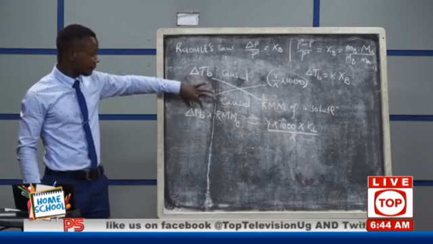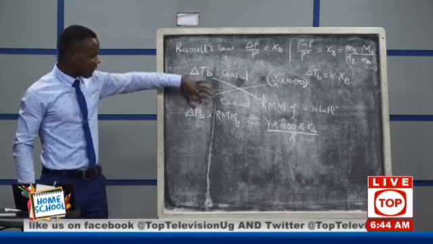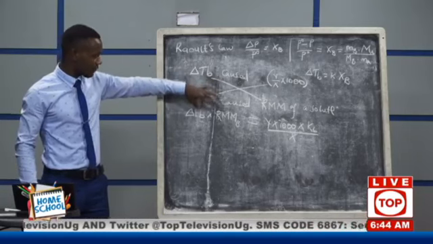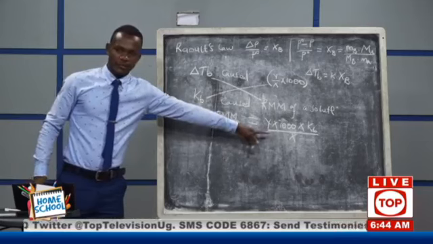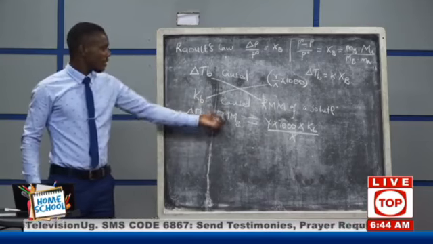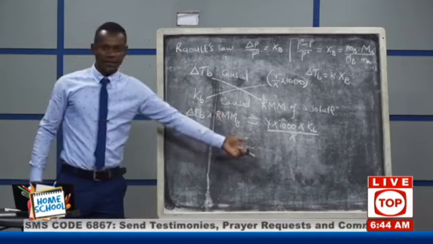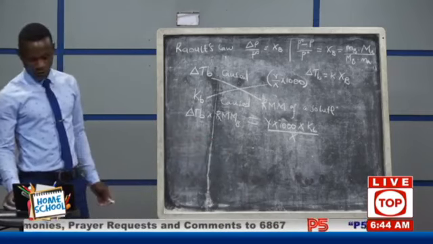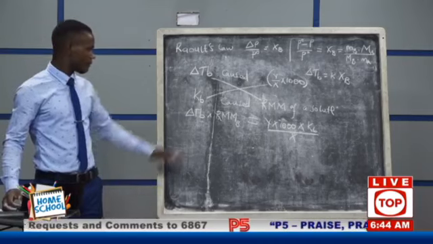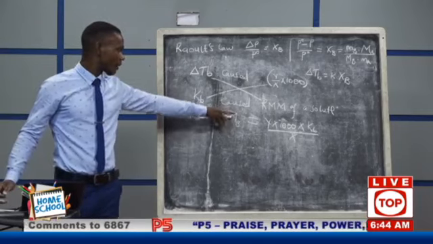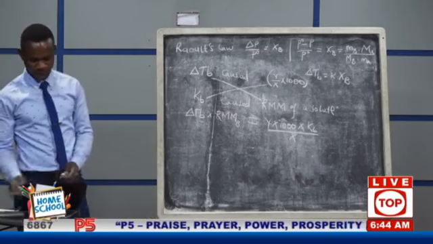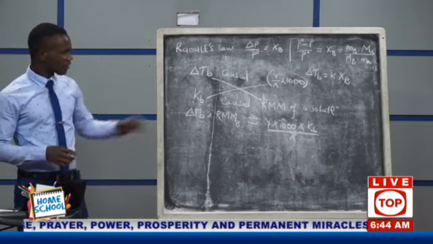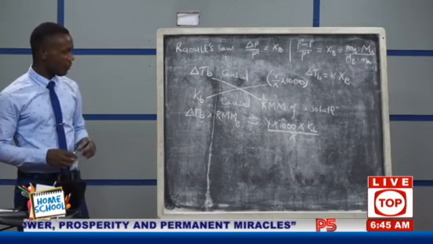So here, what you want, if they have asked for the boiling point elevation, this one will go the other side. Okay? So you remain with this one. If they have asked for this one, it will go the other side, and you remain with that. Okay? So there, the manipulation of this work depends on what you want. So let us look at example 1. This one will lead us to example 1.